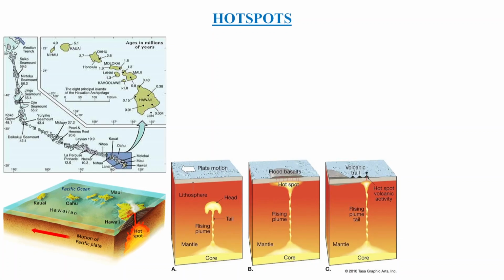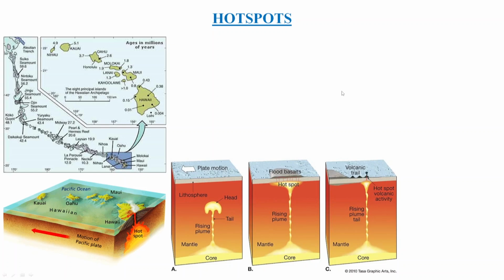Once the mantle plume reaches the bottom of the lithosphere, it goes into decompression melting, and finally it results in the outpouring of flood basalt on the ocean floor like this, resulting in the formation of volcanic cones or volcanoes on the ocean floor, like that of the Hawaiian chain of islands.